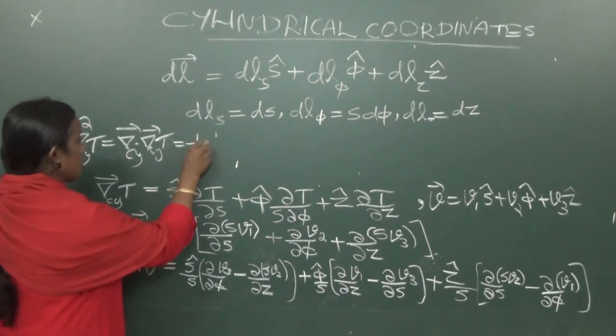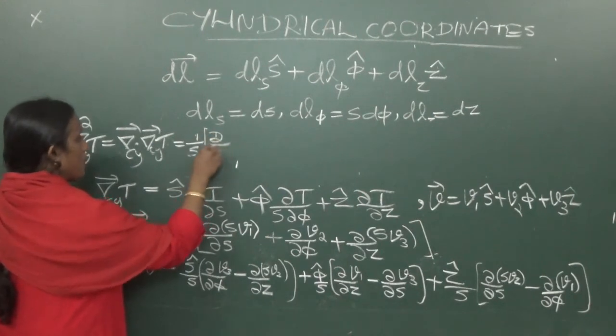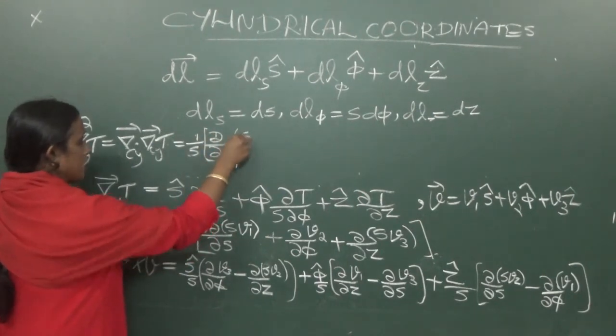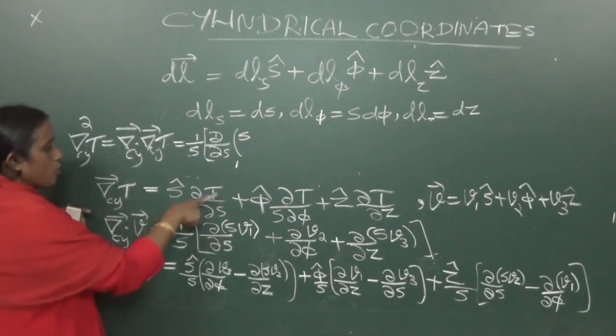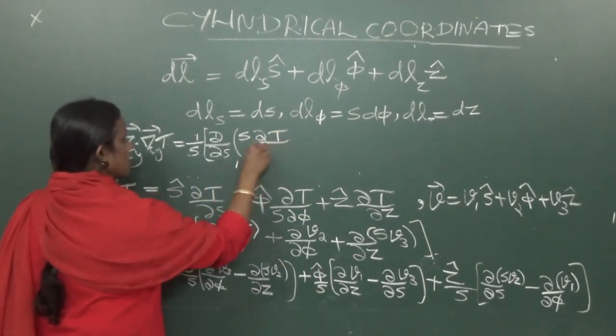So you have 1 by s dou by dou s of s into, instead of v1, dou t by dou s.